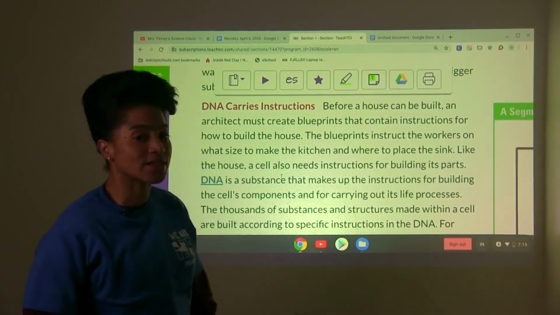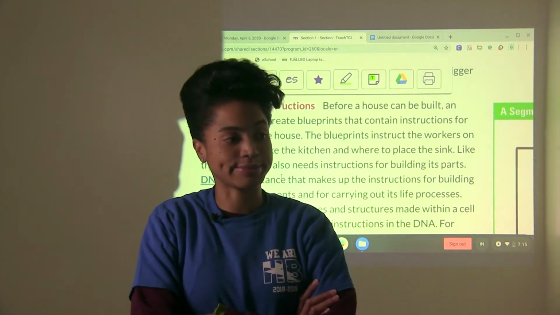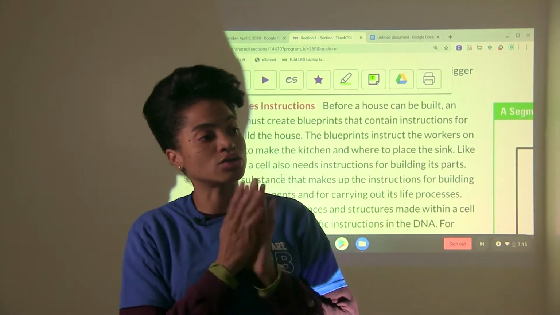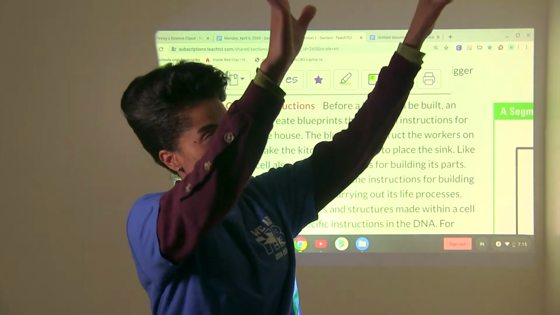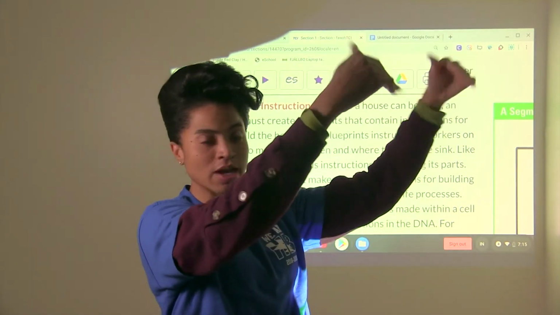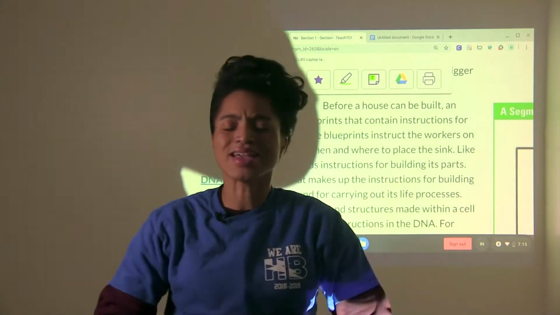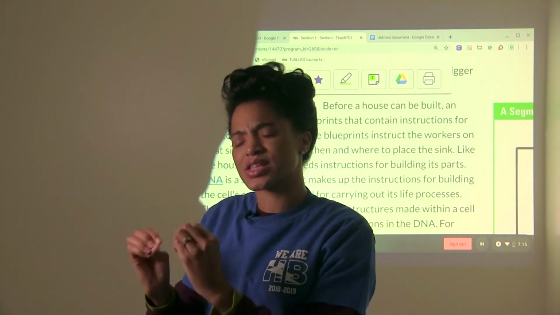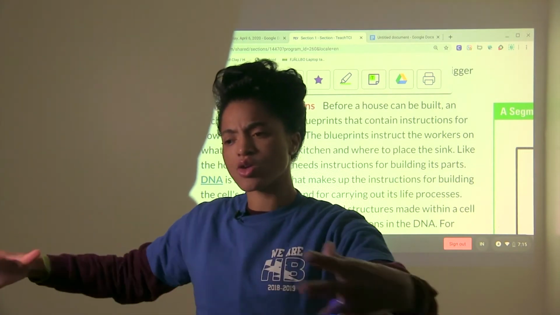So, DNA is sitting there saying, okay, guys, this is what we're going to do today. We're going to go to the living room and create this nice ceiling area above where the bed would be. I think that would be great for the people that move into this house. And then the kitchen, we want this specific look. You want it to be very wide open.